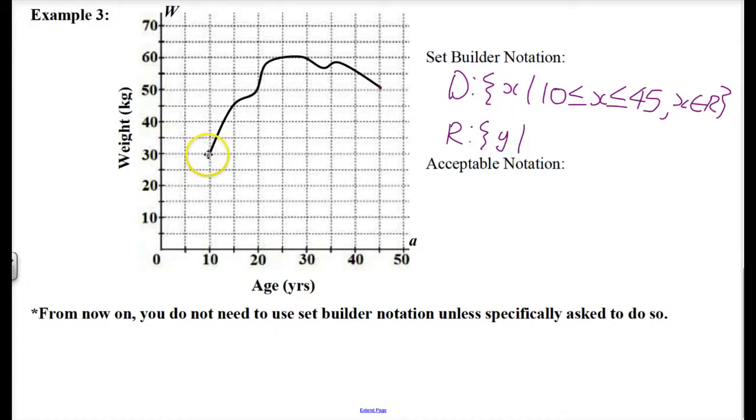Okay, what about y values? Well, they go from 30 all the way up to 60. So we are going to say that our y values are in the range between 30 and 60.